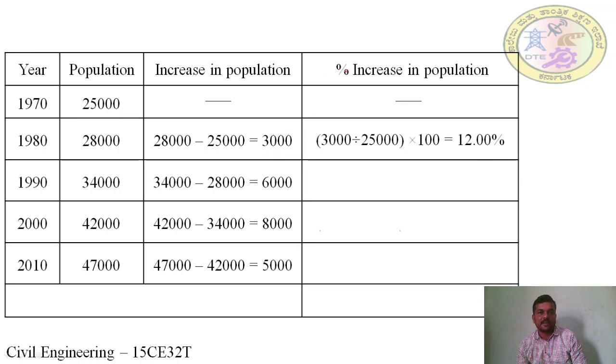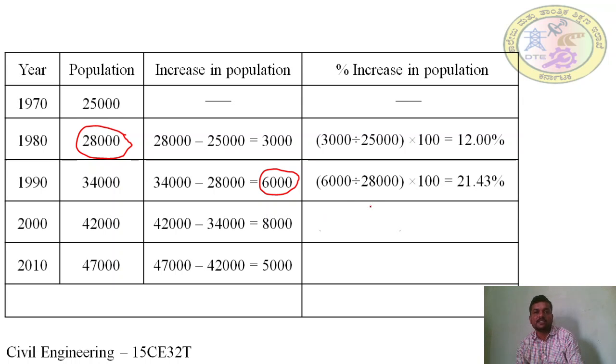Similarly, we need to calculate the percentage increase in population for the next successive years. For 1990, it is the increase in population with respect to the population of 1980. It is 6,000 divided by 28,000 into 100, which is 21.43%.